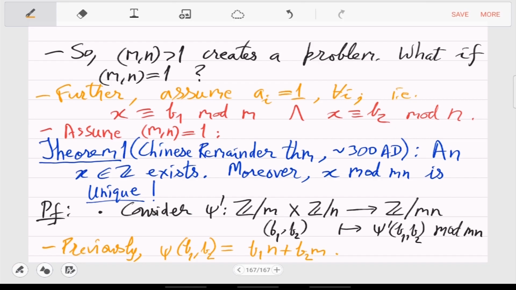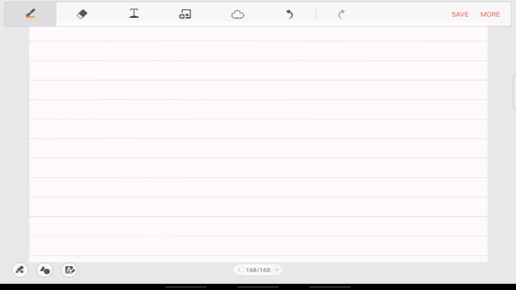So if you remove n and m, then your whole approach is doomed. So you have to somehow remain close to this expression. So you have to keep n and m. So what you do is you multiply n with another integer, which is this n inverse mod m. So let's do that modification.